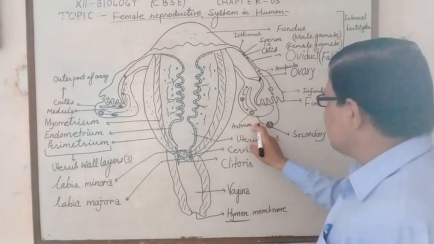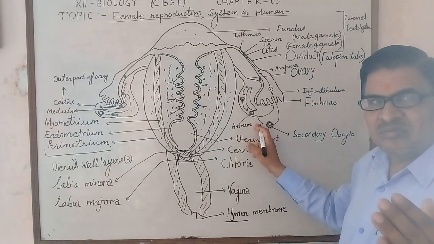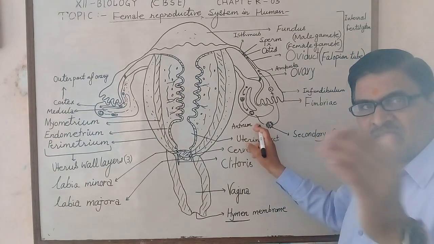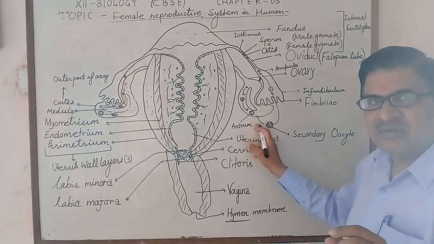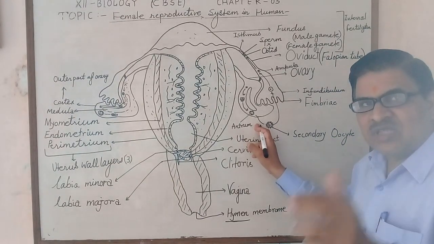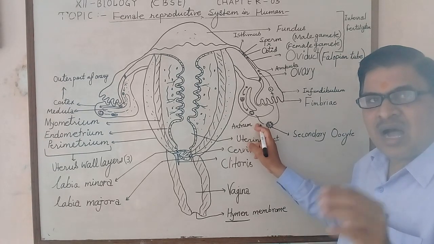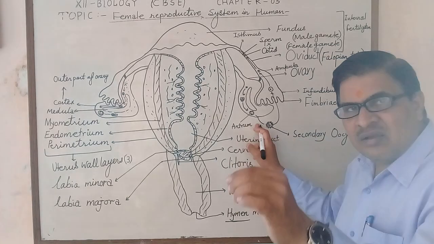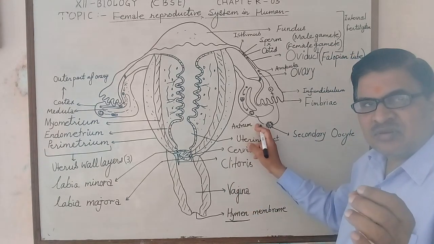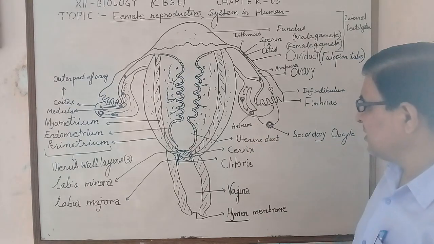This antrum separates the membrana granulosa from the secondary oocyte, and membrana granulosa has two membranes. The outer membrane is membrana externa and the inner membrane is membrana interna.